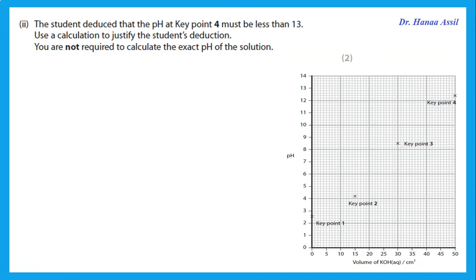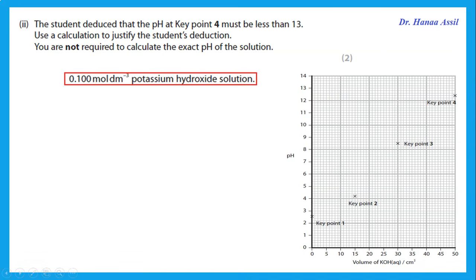The student deduced that the pH at key point 4 must be less than 13. So can you see key point 4? This is when we have added excess of the potassium hydroxide. Use a calculation to justify the student's deduction. You're not required to calculate the exact pH of the solution. So at key point 4, what is the pH? We already know the concentration of potassium hydroxide.